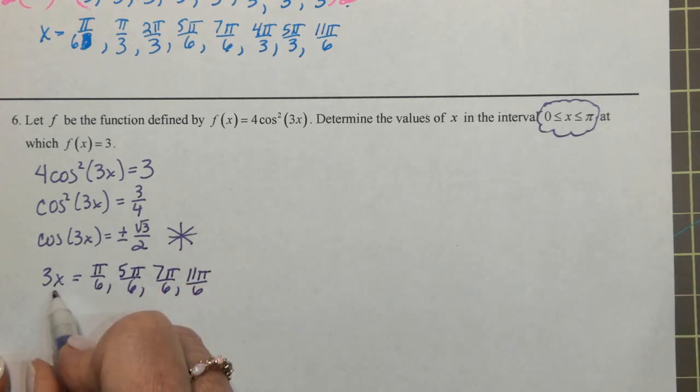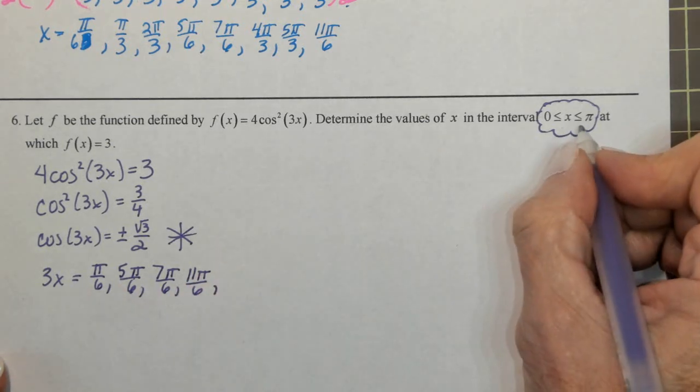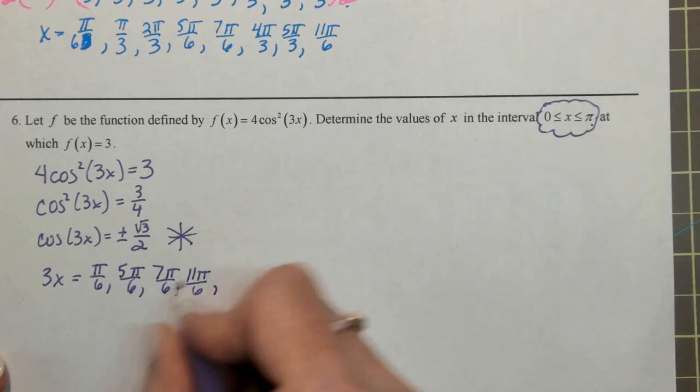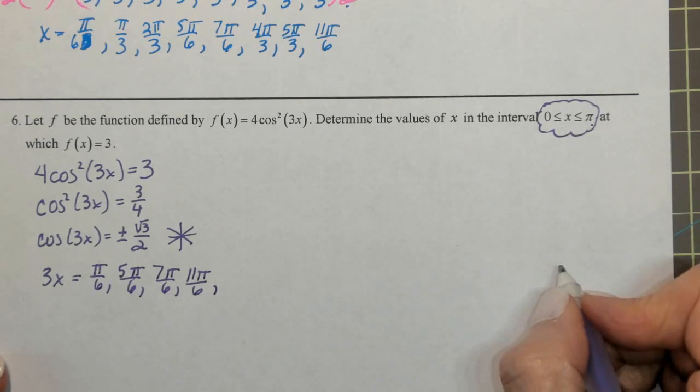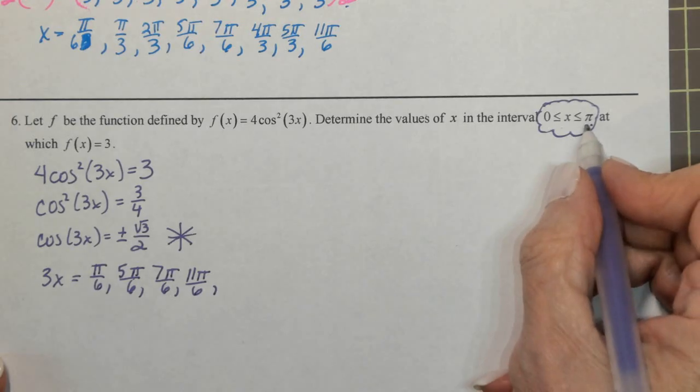We have a 3x. So if it was to 2 pi, I would need to triple the number of answers, right? I would need to triple those. But it's not 2 pi, it's just a pi.